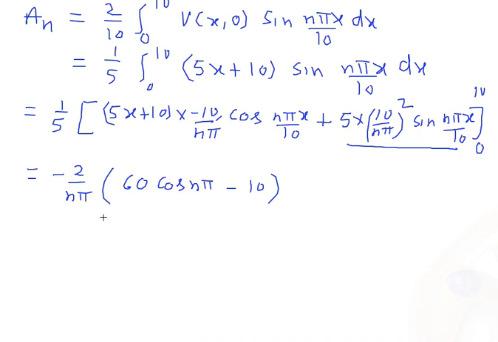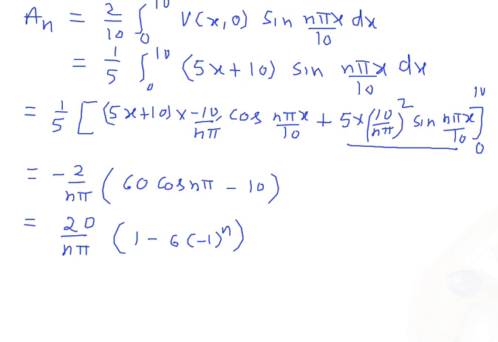By sending this negative, or you can take this 10 out, so 20 over n pi, the bracket, the rest of the part is 0, so this is 1 minus 6 times (minus 1) to the power n.